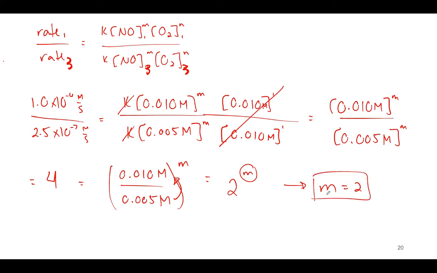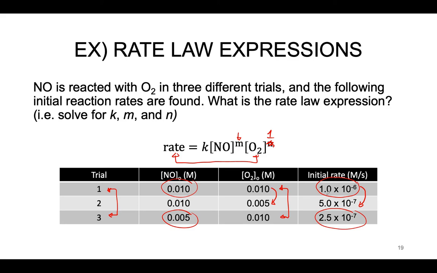So we can insert this now into our rate law expression right up here. Our M is equal to 2. So this tells us how the rate is dependent on the concentration of nitrogen monoxide. If we double the concentration of nitrogen monoxide, the rate should go up by a factor of 4 because of this square.